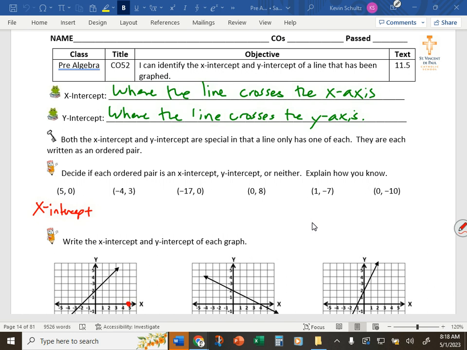(-4, 3). Picture where that is. Is that on the x-axis, on the y-axis, or someplace else? If you're not sure, pick any of the coordinate planes on the page, plot the point, and take a look at where it is.